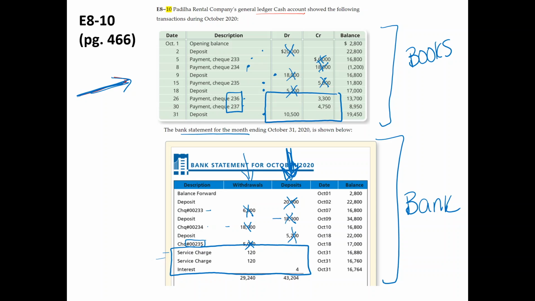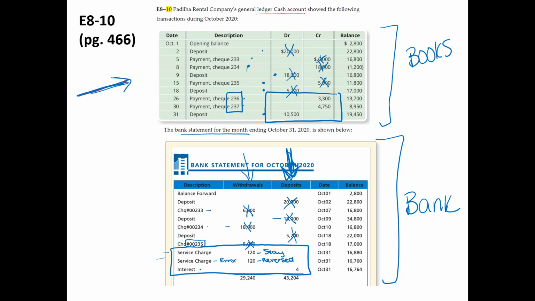The bank has agreed to reverse one of the bank charges on the next month's bank statement. So the bank made an error and charged this twice. So one will stay and one will be reversed, and that is an error. So we'll have to have those as reconciling items as well as this interest that we earned.